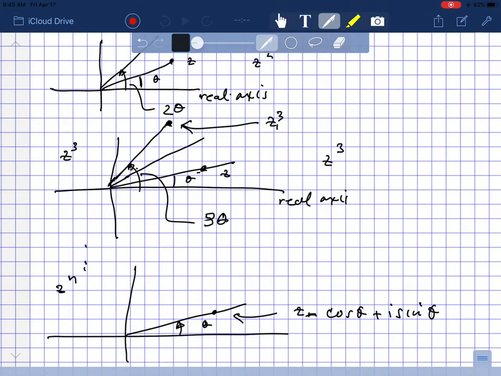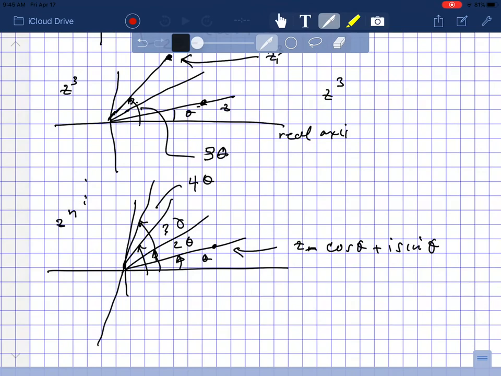And if I look at z to the n power, this is 2 theta, this would be 3 theta, here would be 4 theta, and I'd keep on doing this, adding these up, until I get to, say, n theta. And my z to the n is going to be a point on this radial line that makes an angle of n times theta with the real axis.